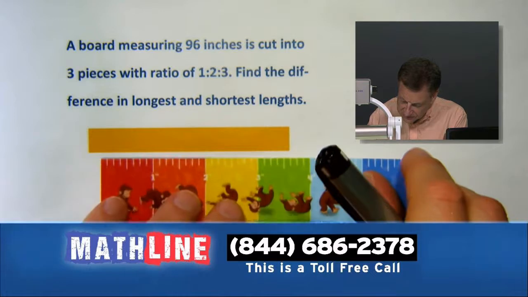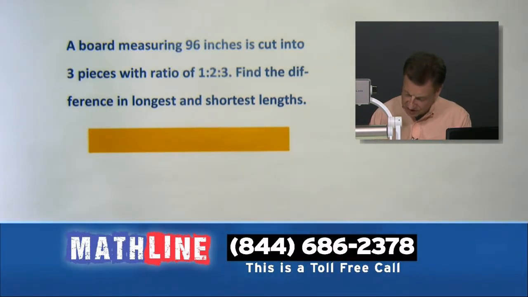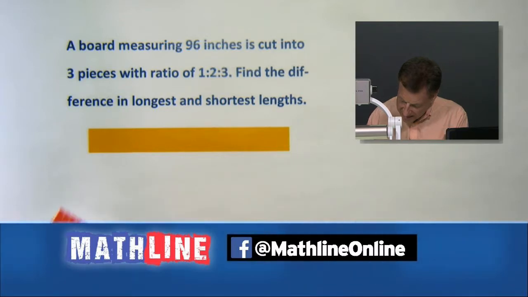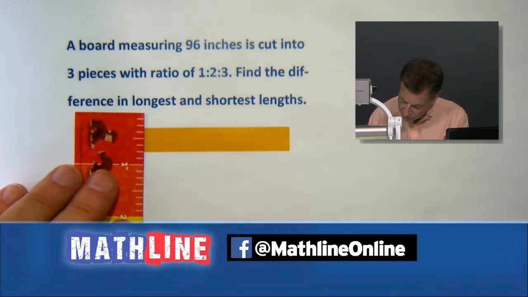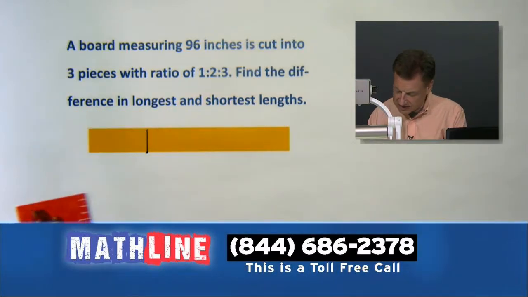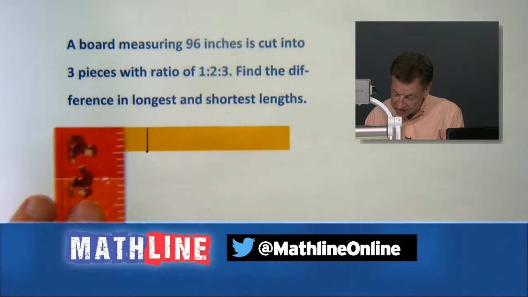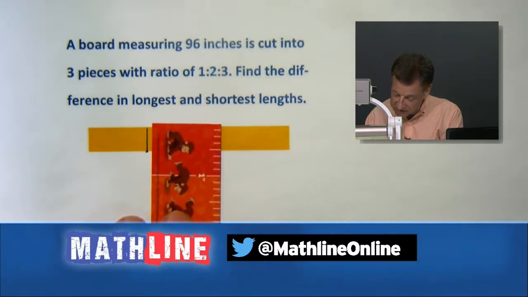So let's see if we can mark this board off a little bit here. Let's see, George, I am going to go with about here for 1. Got it there. We'll see how good I'm doing. I think I did it wrong, folks. Sorry. We'll do another one that's a little bit longer.